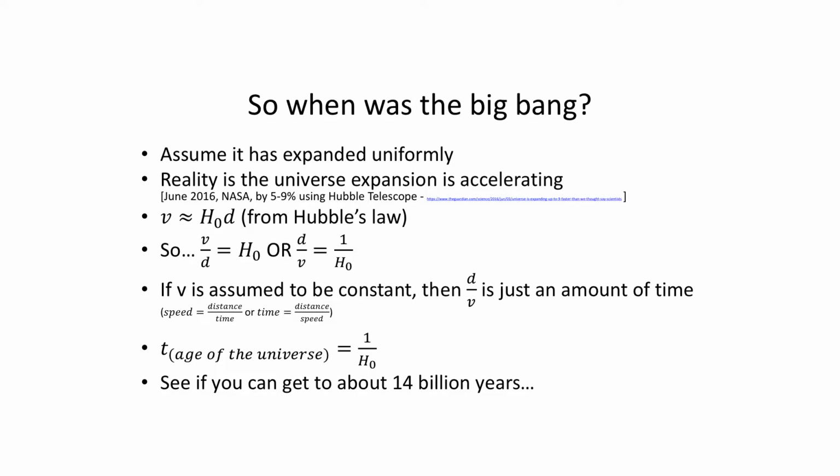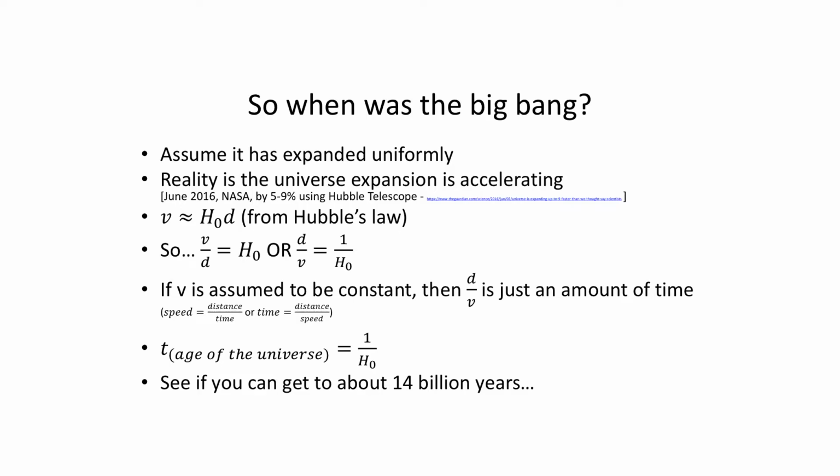Now, I think we've touched on this on a previous video, but it's worth mentioning again because it's mentioned in 20.4 in the book. So if we assume that the universe has expanded uniformly, so just like when you blow up a balloon, all sides expand at the same rate, the reality is slightly different. So we know that we've got it accelerating rather than uniformly, but we do know v is roughly equal to H naught d, so Hubble's law.